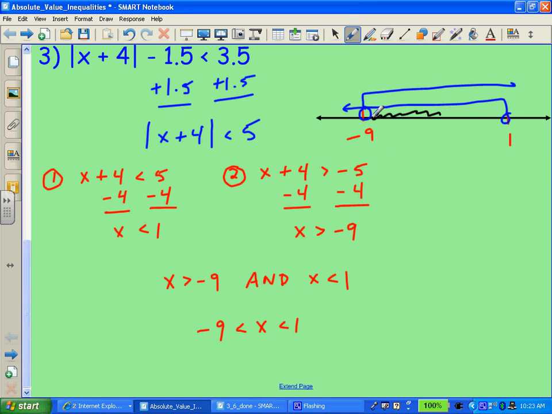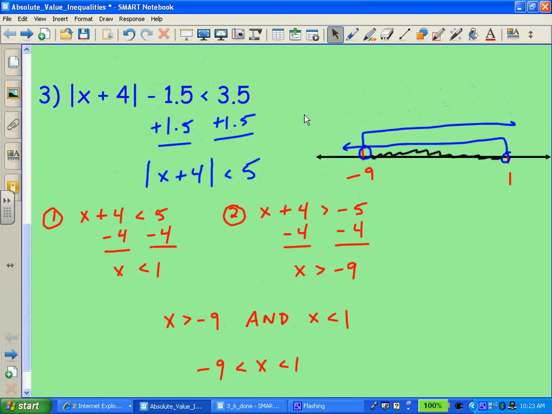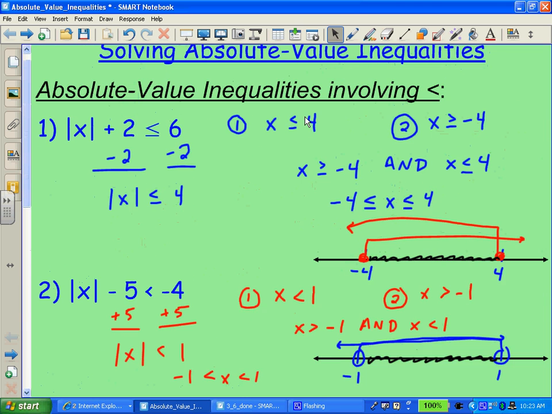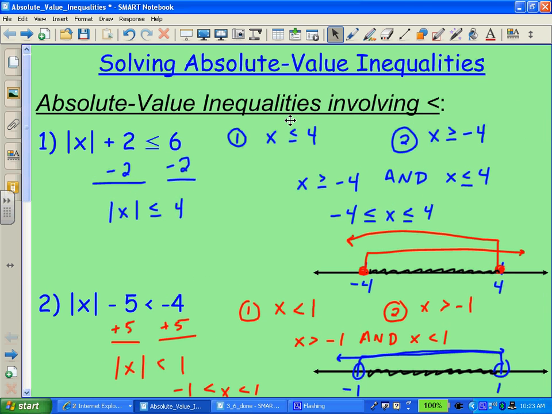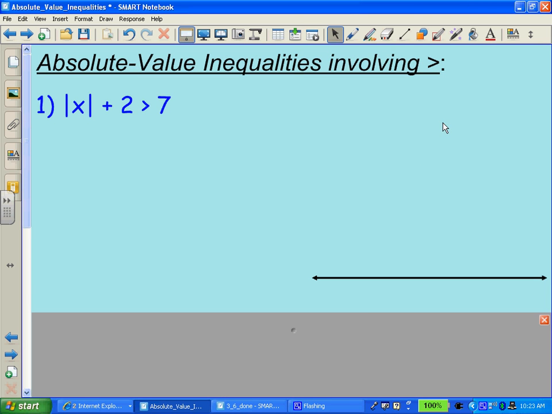And again, they intersect in the middle, so I shade in the middle. Okay? So those are compound inequality, absolute value inequalities involving less than or equal to.